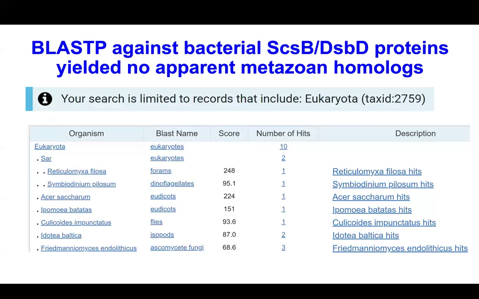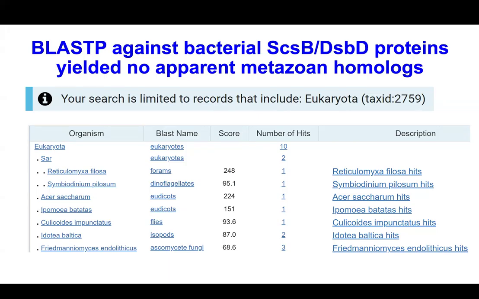But we did that simple BLAST P search anyway, and this is basically a list of proteins you can find from eukaryotic organisms with similarity to the bacterial homologs DSBD and SCSB, and there are no obvious or apparent eukaryotic homologs identified.